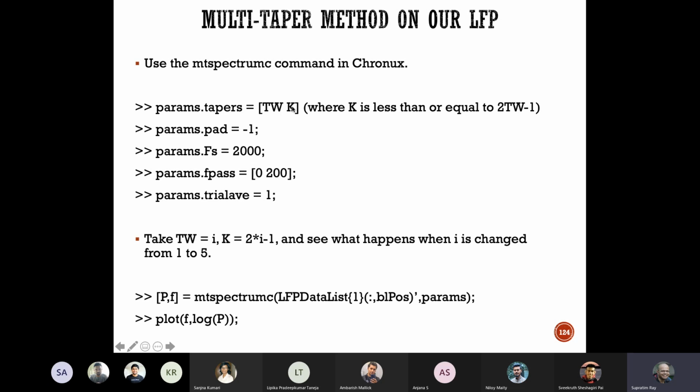And this K is the total number of tapers that you want, whose number should be less than or equal to 2TW minus 1. So if TW is 1, which is the best that you can do, what is the value of K that you can have?